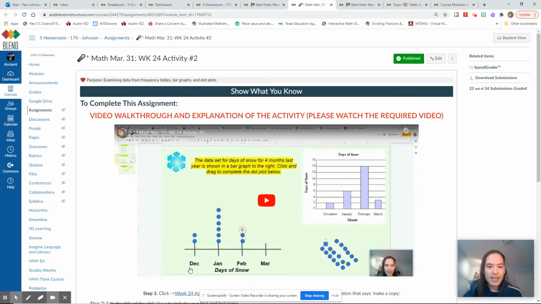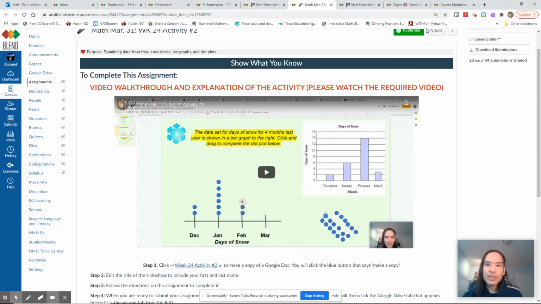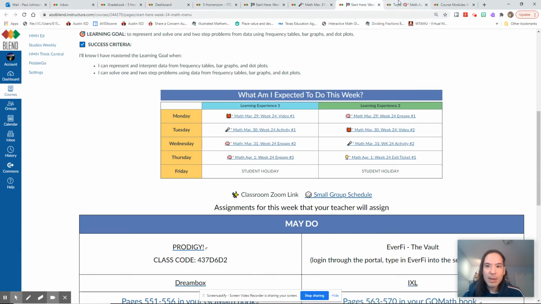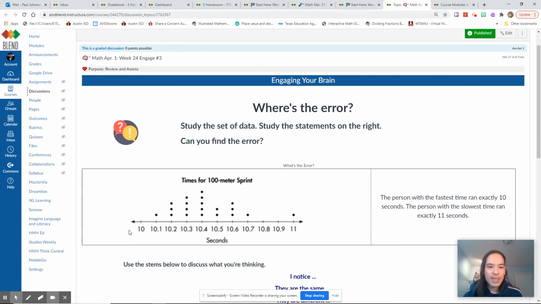But as you can see, instead of having numbers on our dot plot, we had categories. We had months, right? So that's the biggest difference between today's dot plot and yesterday's dot plot: today's has numbers as the categories. This is what you will typically see with the dot plot, numbers down here instead of words.